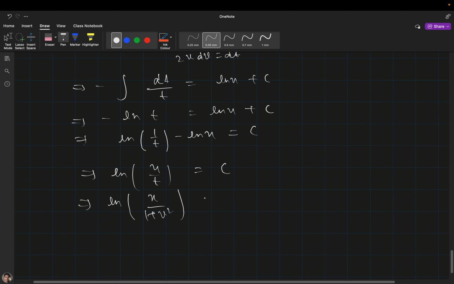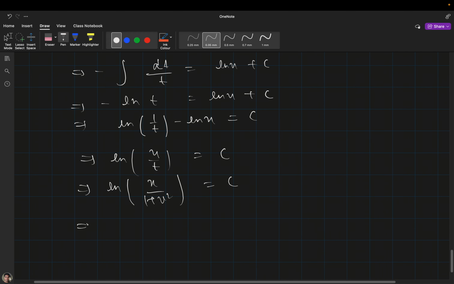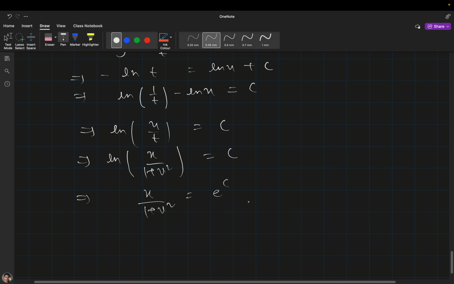Equal to c, and again, here you can see what it will become: 1 plus v square equal to e raised to the power c, and in place of e raised to the power c I will write another constant because this is a constant.